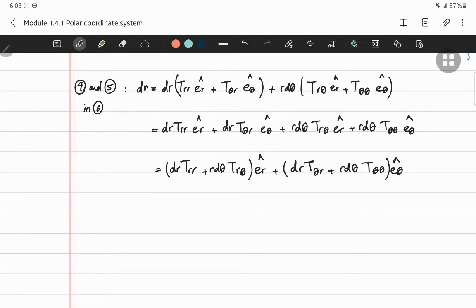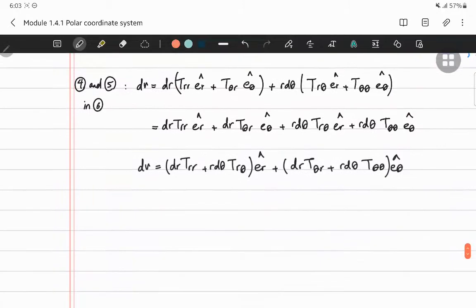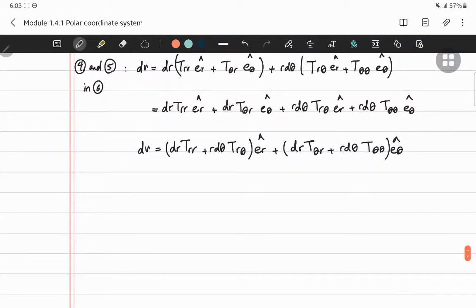All right, so you see here we have dv as this expression, and the strategy is just to find dv by assuming that v is a function of r and theta. We apply the differentiation operator on v, so we get dv, and from this expression we compare them with the components we get here. So finally we get the components related to T_rr, T_r_theta, T_theta_r, and T_theta_theta.